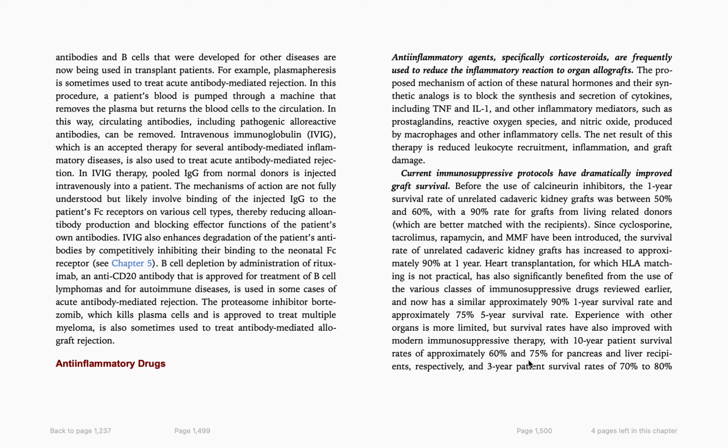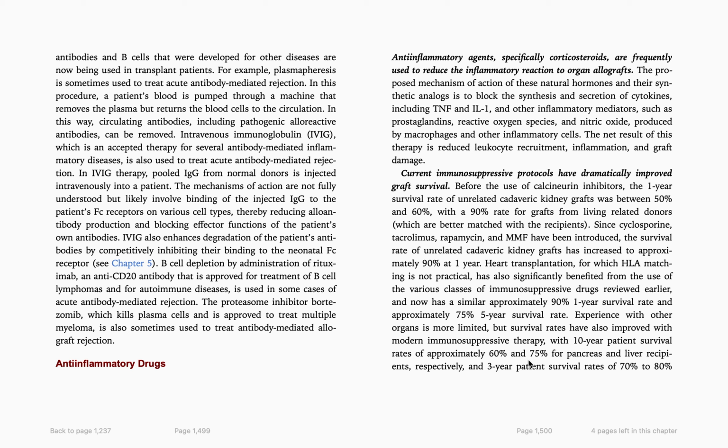Anti-inflammatory drugs. Anti-inflammatory agents, specifically corticosteroids, are frequently used to reduce inflammatory reactions to organ allografts. The proposed mechanism of action of these natural hormones and their synthetic analogs is to block the synthesis and secretion of cytokines, including tumor necrosis factor and interleukin-1, and other inflammatory mediators such as prostaglandins, reactive oxygen species, and nitric oxide, produced by macrophages and other inflammatory cells.